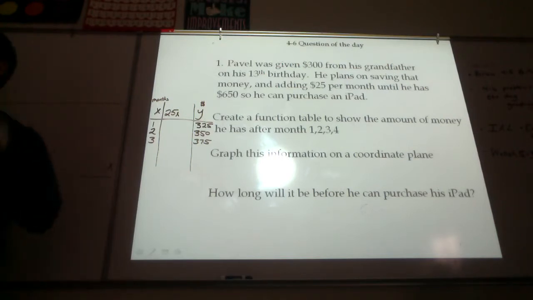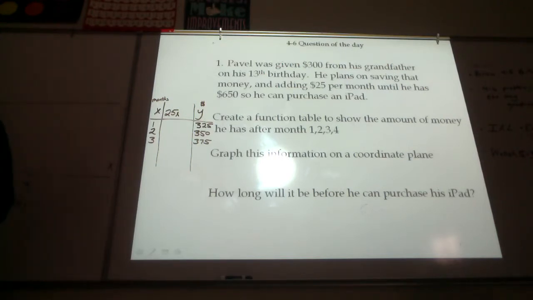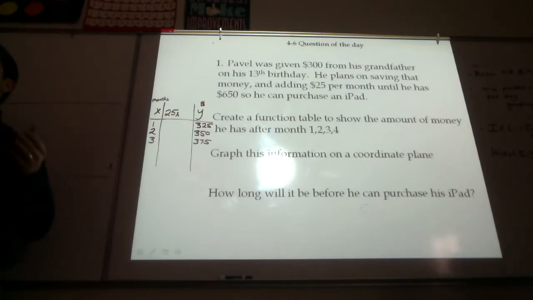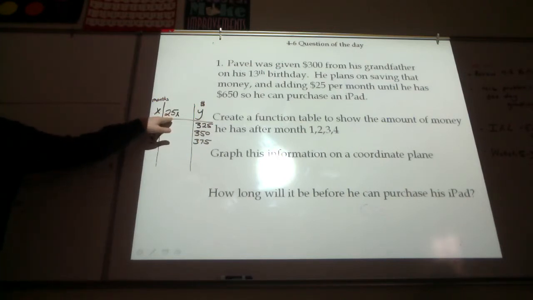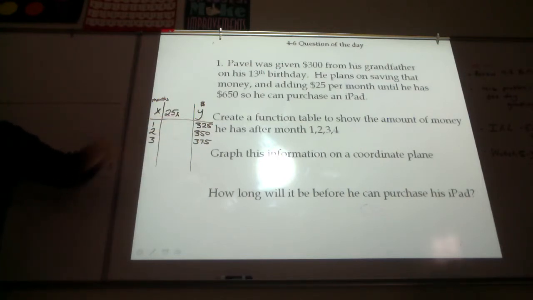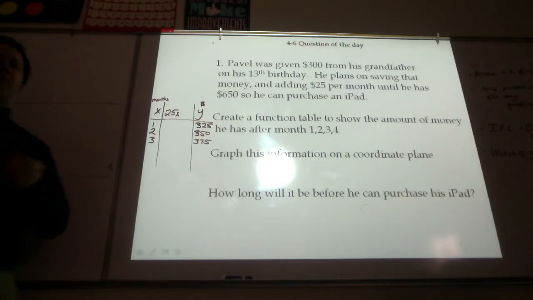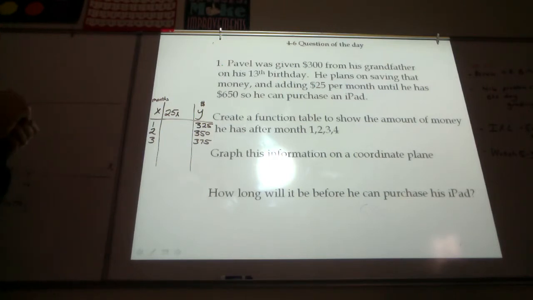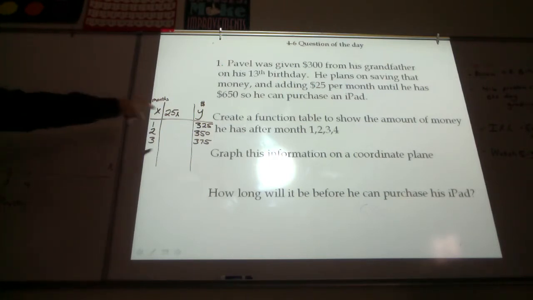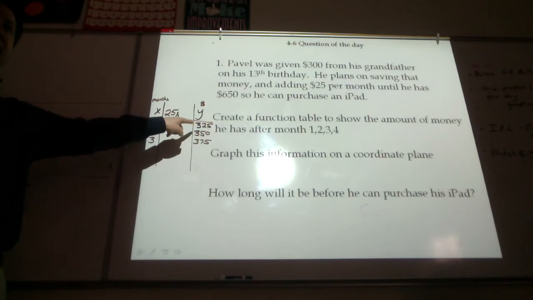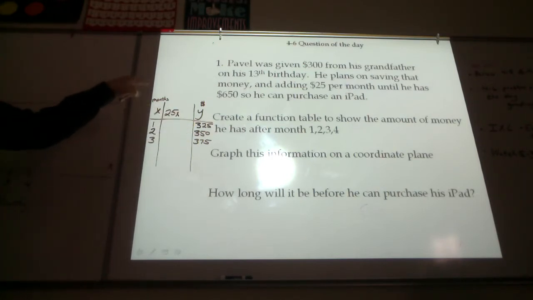What are we using? Yeah, unit rate. And kids, tomorrow you're going to watch video 5.3. You're going to find out that unit rates are our slope. If you actually graph this, you can start off at 325 for the first month. So put your finger on 325 and the first month.